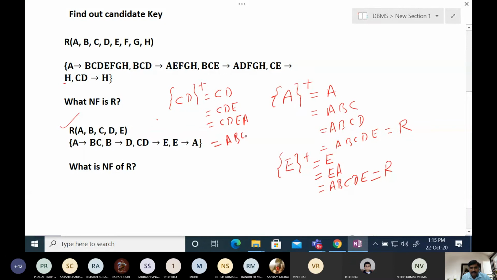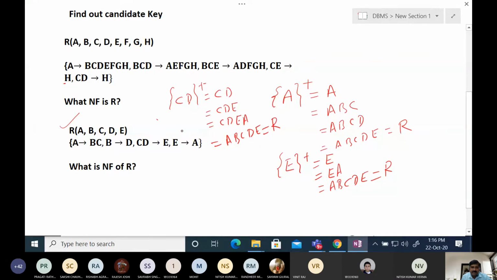Then here we can write A, B, C, D, E, R. CD is also a candidate key. You can discard D, and if we get the closure of C, then we will only get C, and if we discard C, then the closure of D gives only D. That's why there are no extraneous attributes in this set. So CD is also a candidate key.